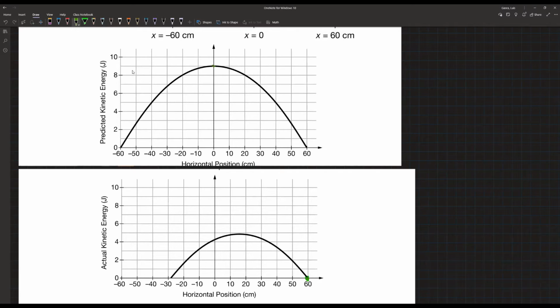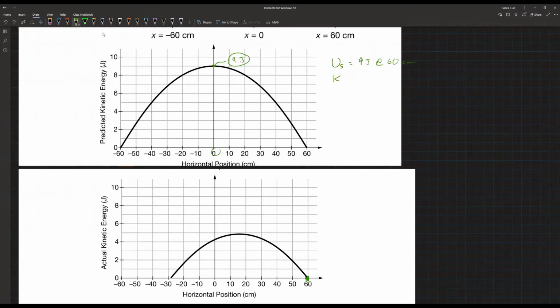Now, if we compare the predicted kinetic energy at position 0, what this tells us is that if energy was conserved, 9 joules was the starting point of our spring potential energy. So it's going to be 9 joules at 60 centimeters, sorry.